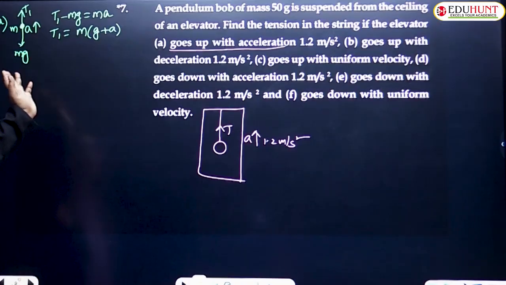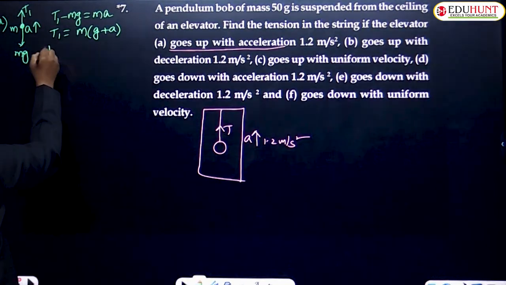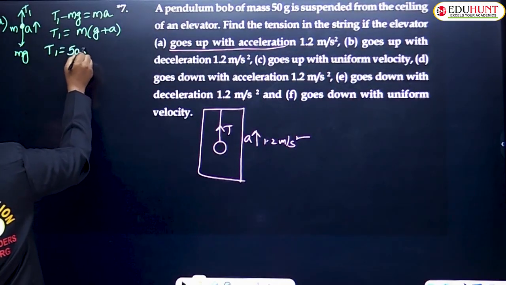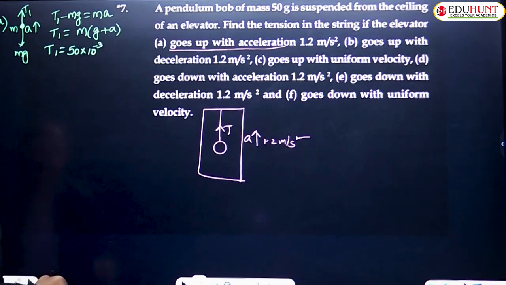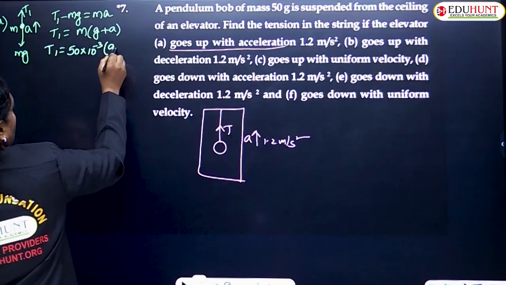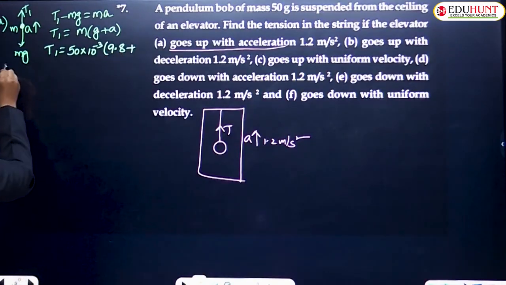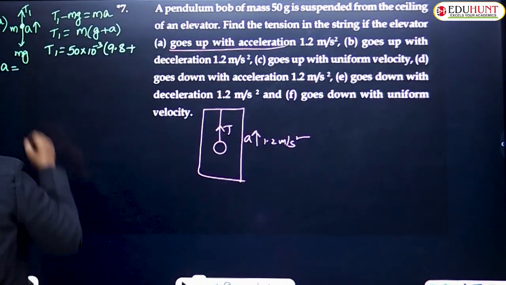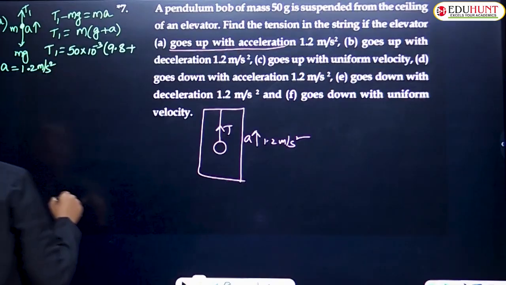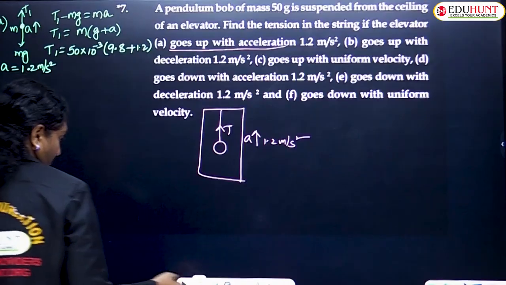So substituting the values, mass is given as 50 grams, converted into kg, 50 into 10 power minus 3 kg. Gravity we take as 9.8 meter per second square, plus it is moving up with an acceleration. How much acceleration was given, children? Acceleration was given as 1.2 meter per second square.